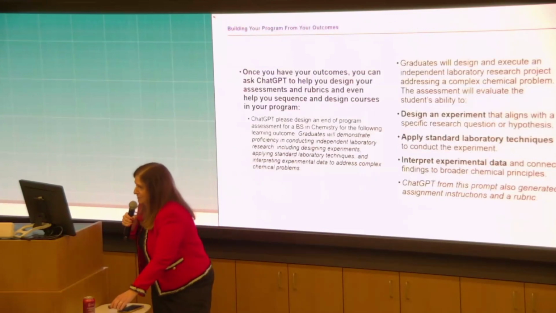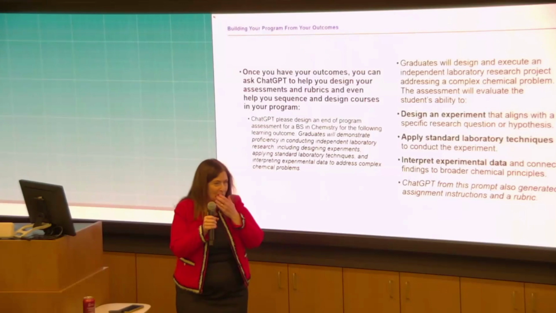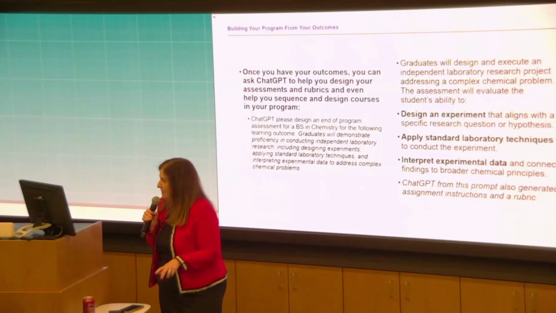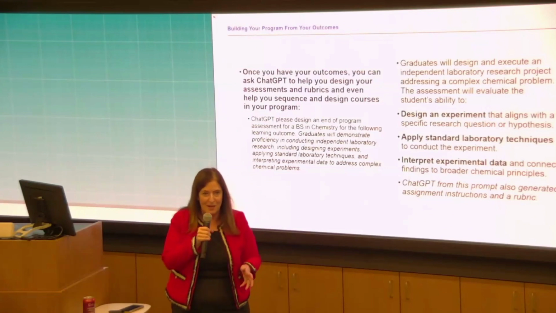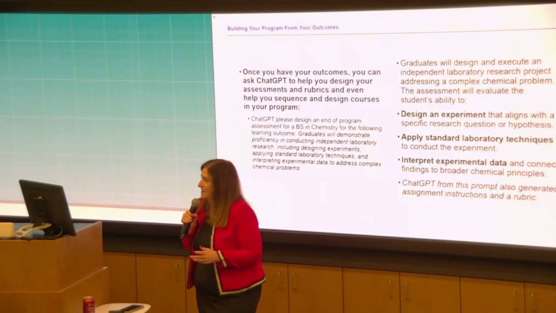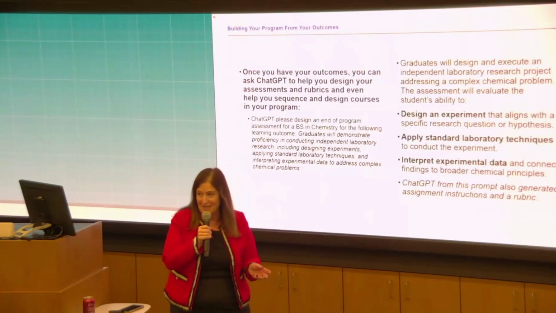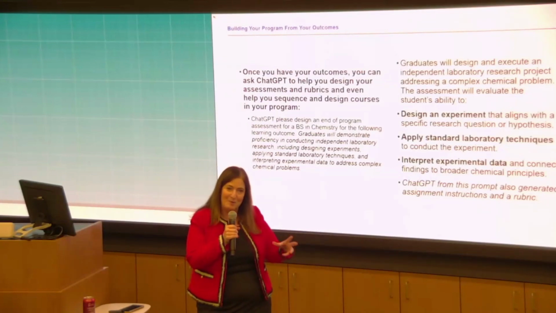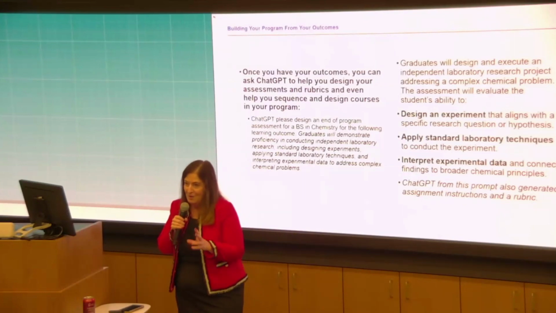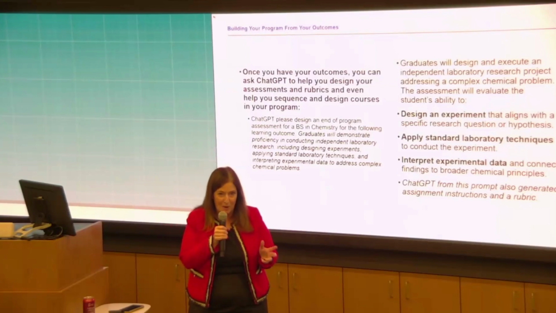Okay, so I just worked with the outcomes as it gave them to us, but assuming you have the outcomes and you're happy with them, you can also ask ChatGPT to help you do the next step of backward design, which is to design your assessments and your rubrics, to figure out your evidence threshold and your way of gathering it.